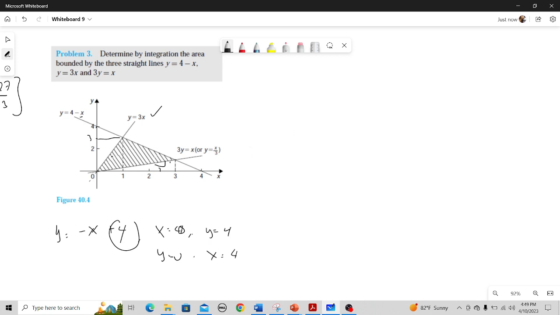Okay, so what are the areas? Introduce a differential strip here, and also here. So you have area is equal to, first, from 0 to 1 of y dx, and then the other one is from 1 to 3, y dx.